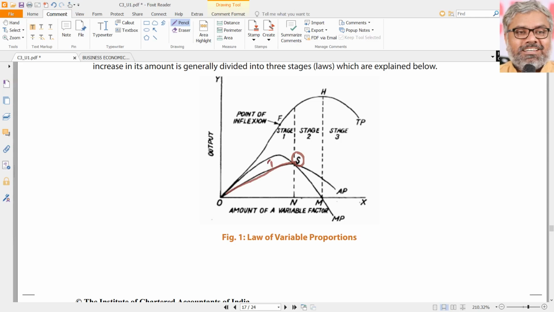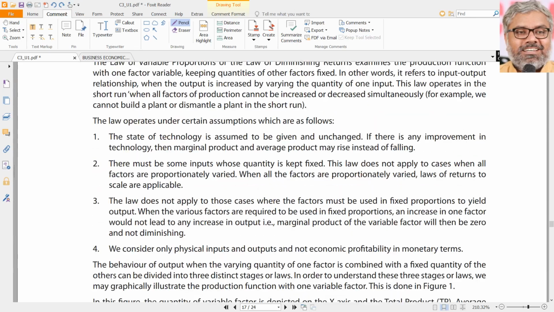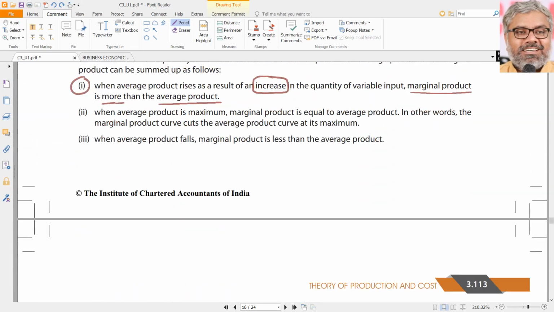It is above. That means the marginal product is more than the average product, as long as the average product is rising. That is the first relationship. So what can we conclude here? As long as the average product is rising, the marginal product is higher than the average product. That is the first relationship between marginal product and average product.